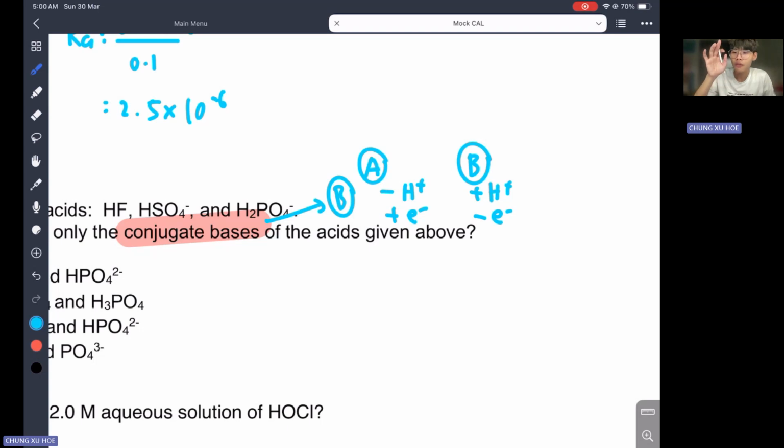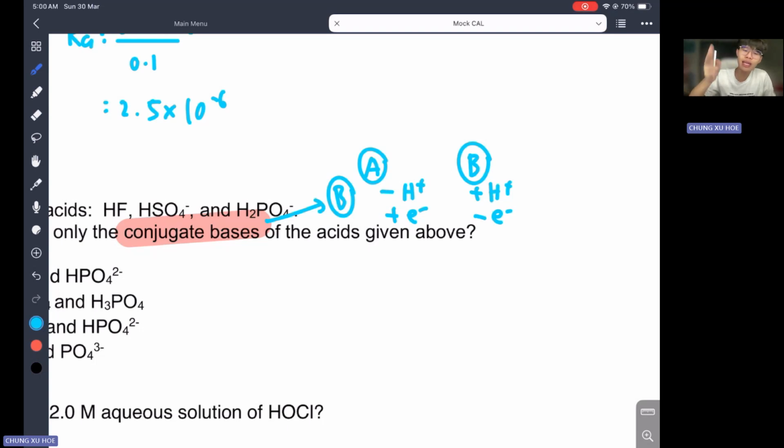For Arrhenius and Bronsted theory, acids donate hydrogen ion and gain electrons. However, for Lewis theory, acids don't lose electrons, they gain electrons.